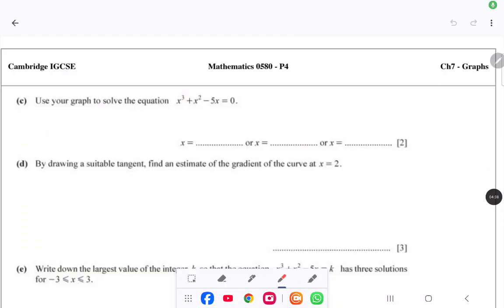In part C, use your graph to solve the equation. So x gives 3 values, so our graph is something like that.